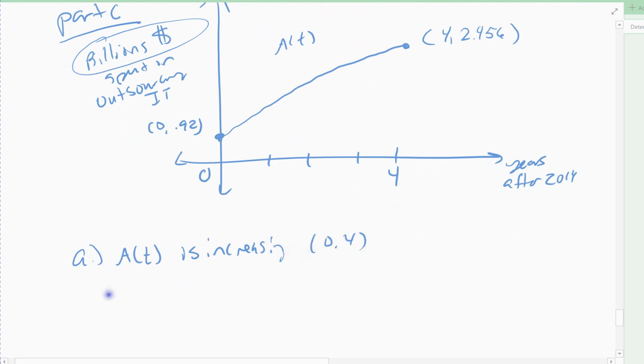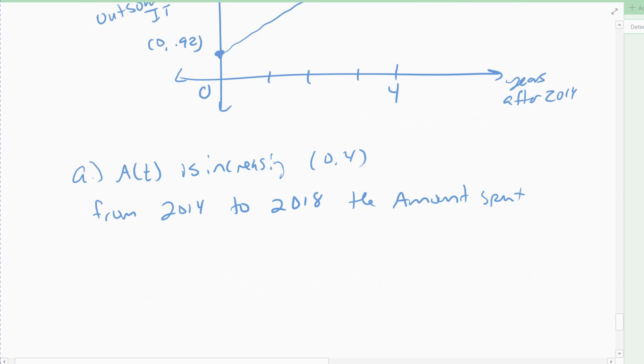That means from 2014 to 2018, the amount spent on outsourcing IT was increasing.